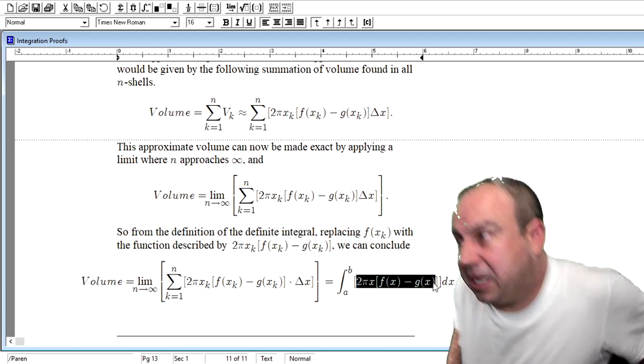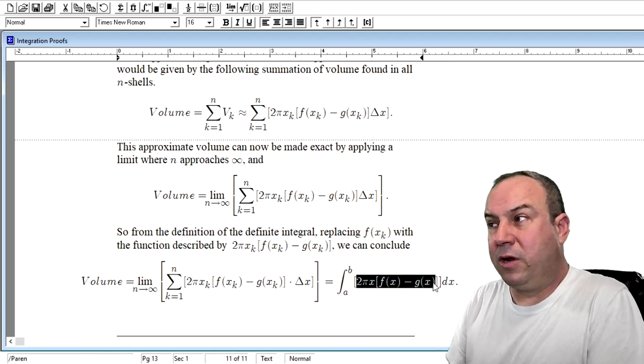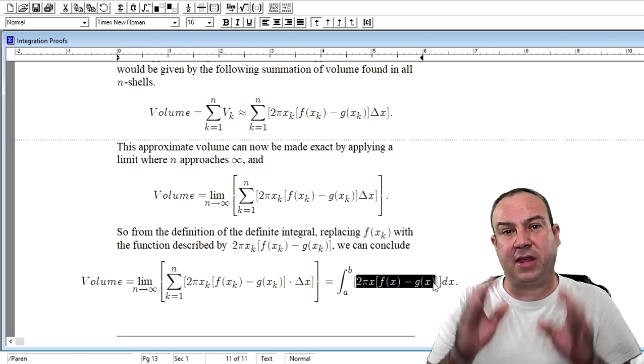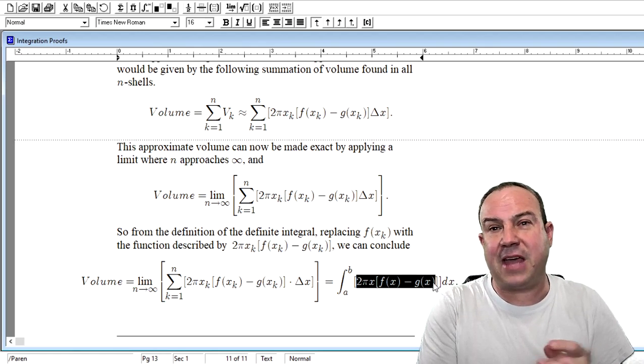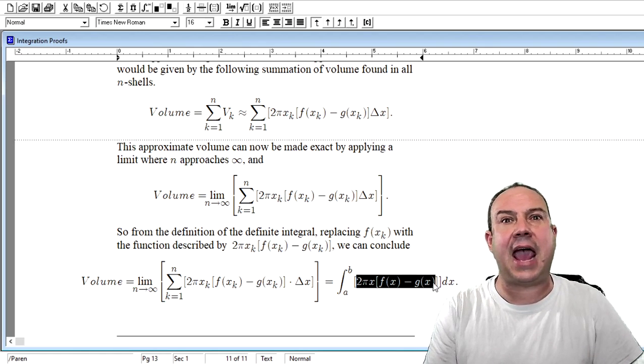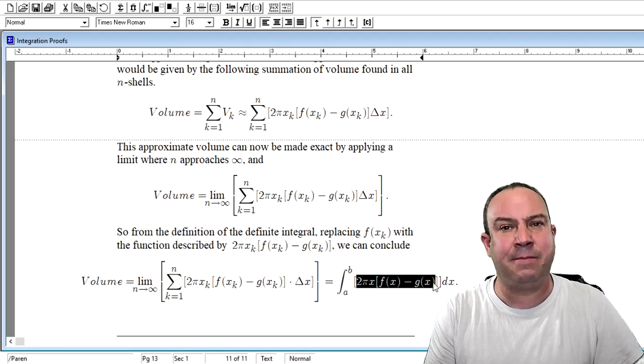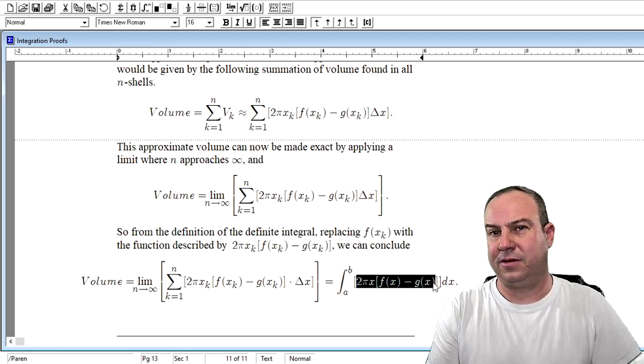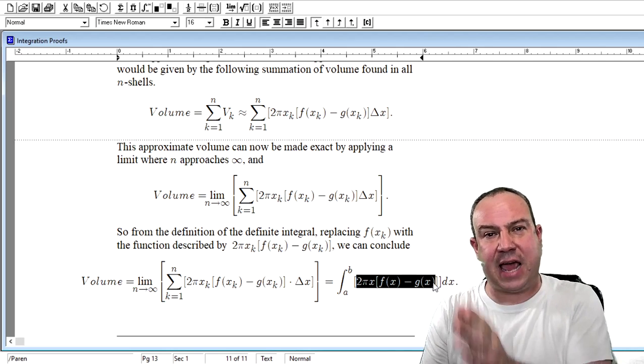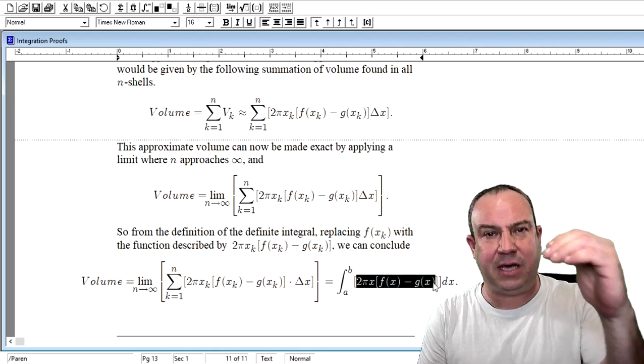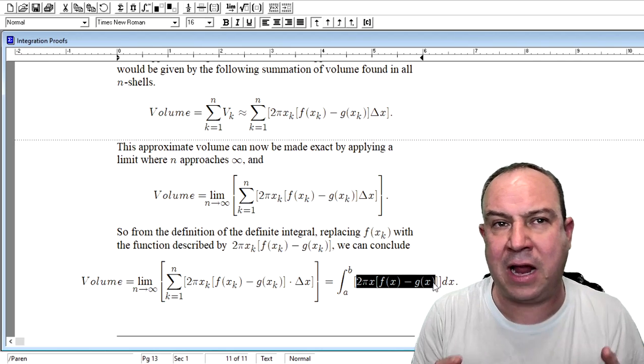We ditch the sub k. We don't have k subintervals anymore. Remember, the theory says that when we integrate, we're really adding up an infinite number of items here, at each and every x value from a to b, we're calculating this integrand value.